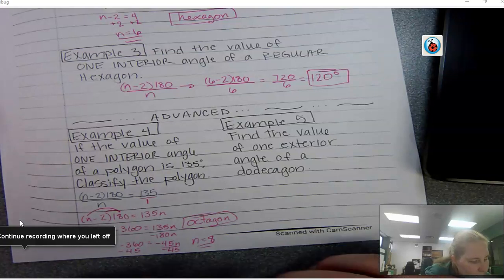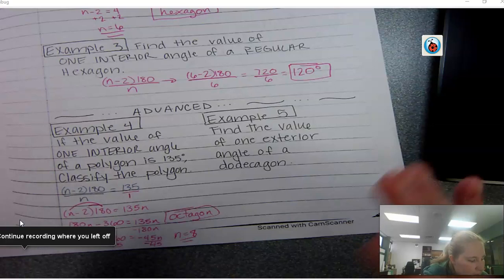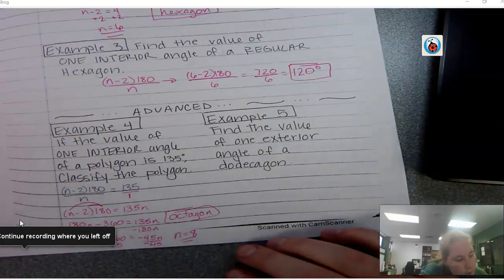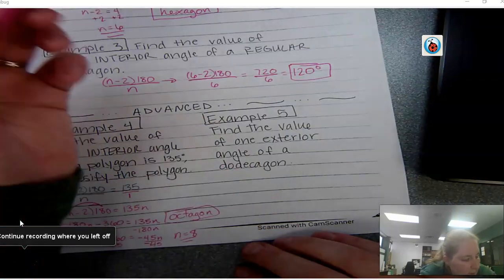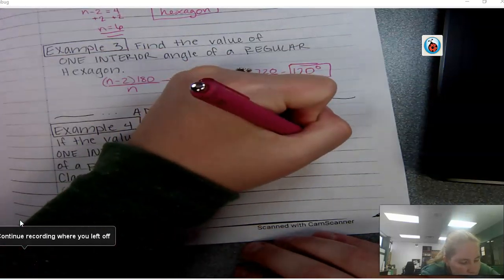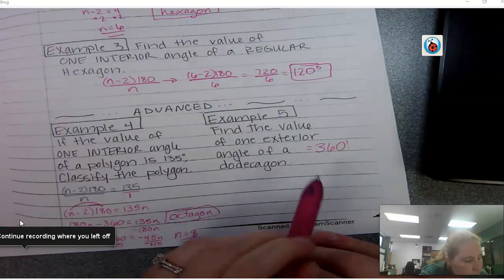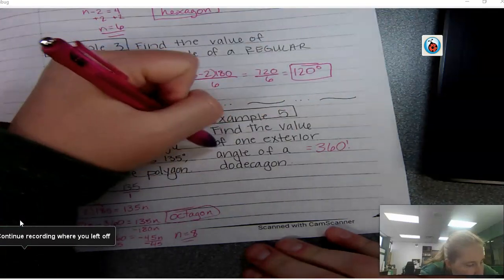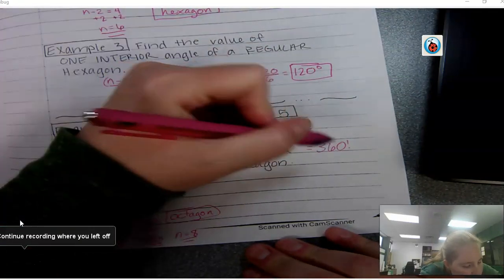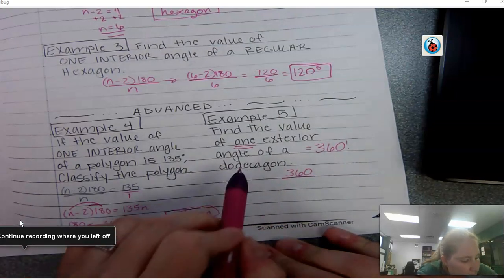Alright, and then the last example, find the value of one exterior angle of a dodecagon. This one's super simple. So exterior angles are always equal to 360. Alright? Exterior angles equal to 360. So, to find the value of one exterior angle, we need to take 360 and divide it by the number of sides.